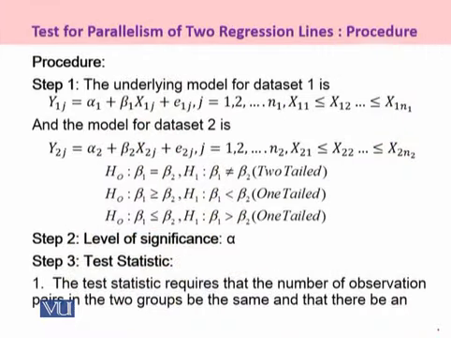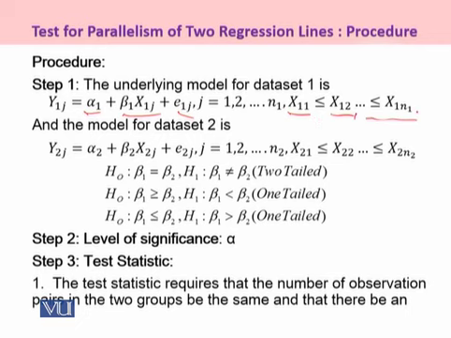The procedure for testing the homogeneity of slopes will take the form that under step number 1, we are considering that the two models are taken as, for example, y1j, which is alpha 1 plus beta 1 x1j plus the errors. But the point I would like to highlight here is that under y1j, we are assuming that x11 has to be less than or equal to x12 and so on.